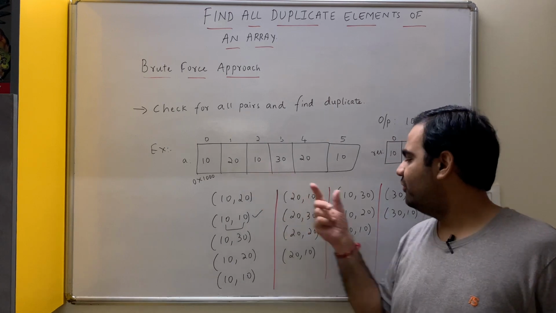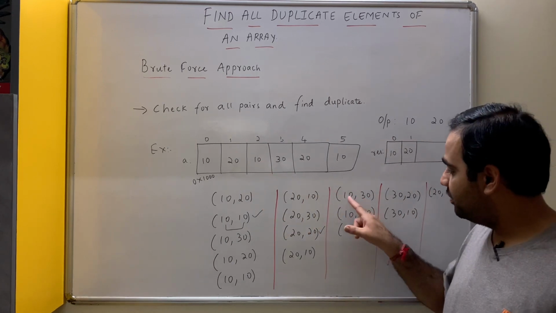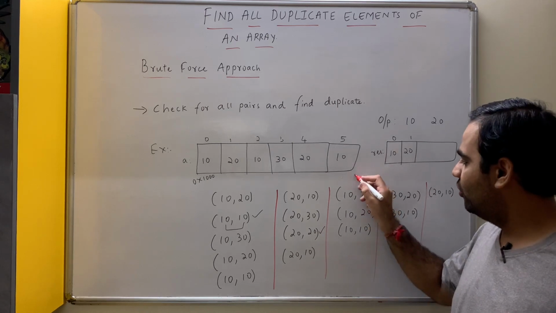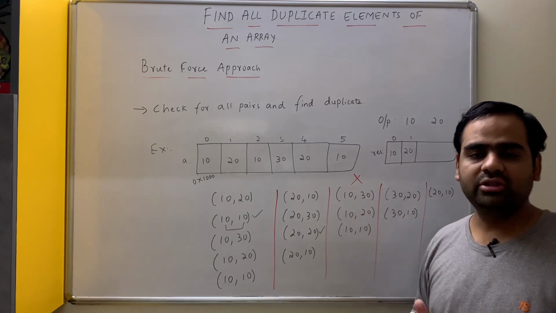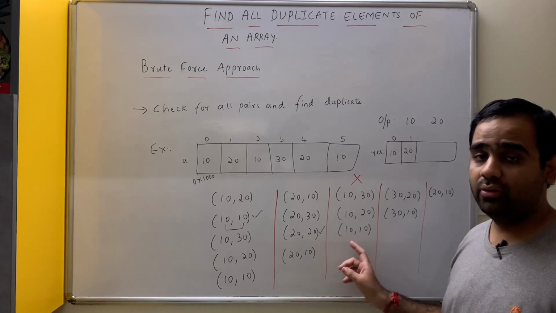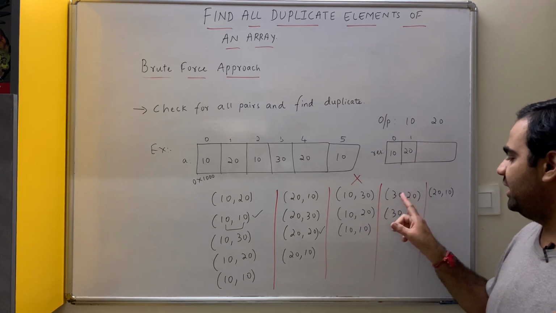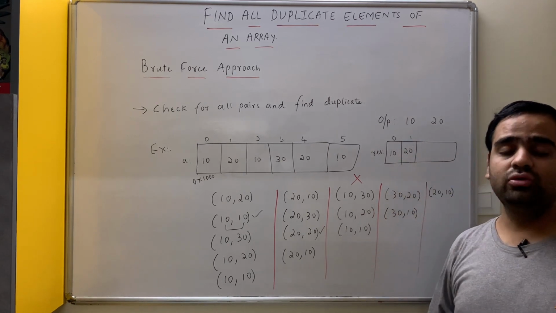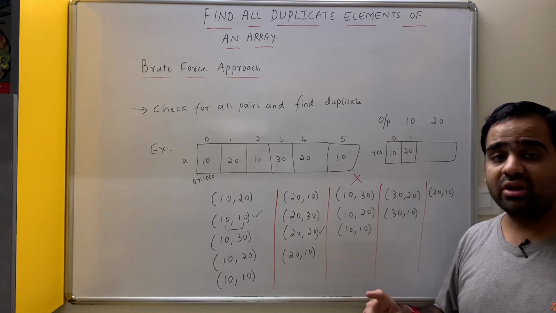Now again find with respect to 10, but observe that 10 is already there in the resultant array, therefore we do not check for duplicate elements with respect to 10. Next, come to 30. Is there any 30 in the resultant array? No. That means I need to check for duplicate elements with respect to 30.